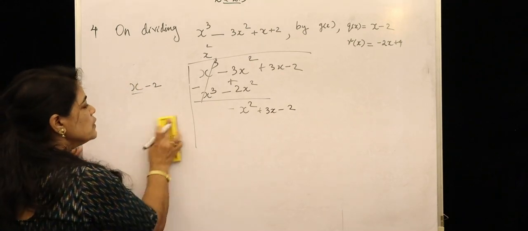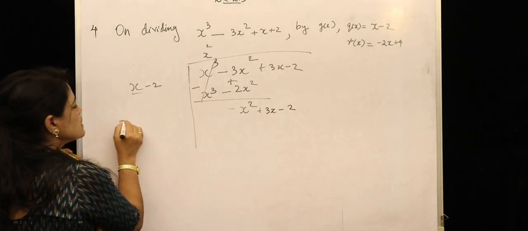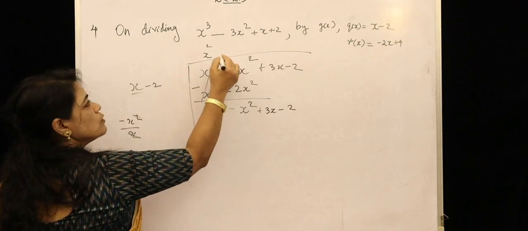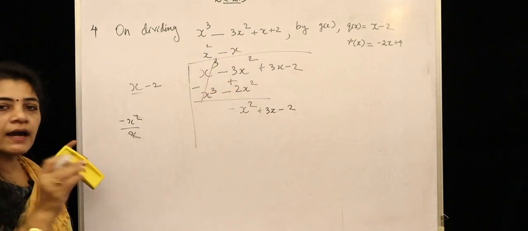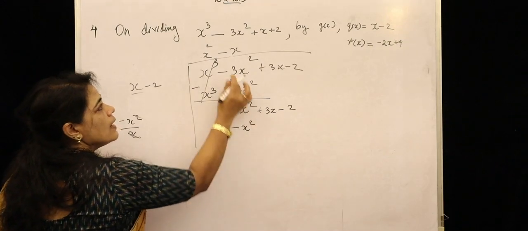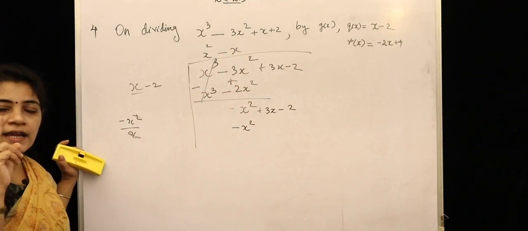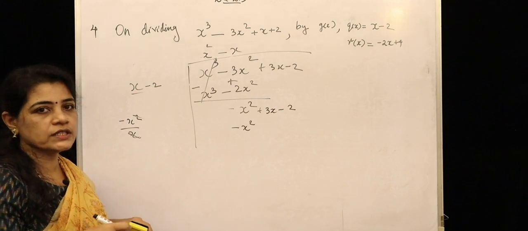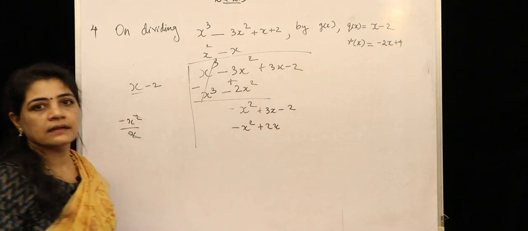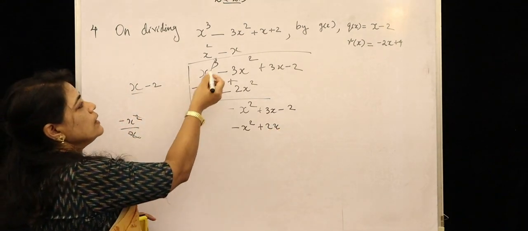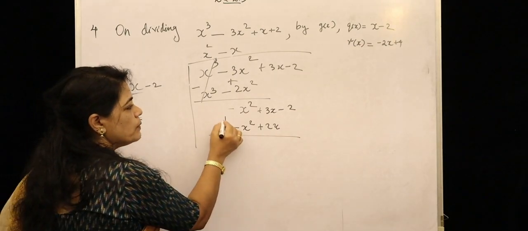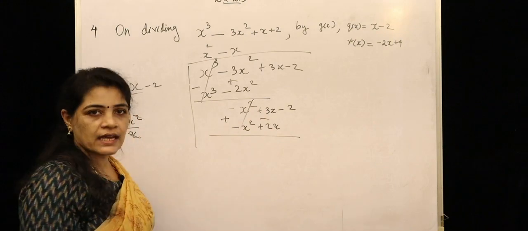We have to continue the division. Minus x square divided by x, minus x comes in the quotient. So minus x is the next term. Multiplying minus x into x is minus x square, and minus x into minus 2 is plus 2x. Next we add by changing the sign, so plus and minus, the first terms get cancelled.